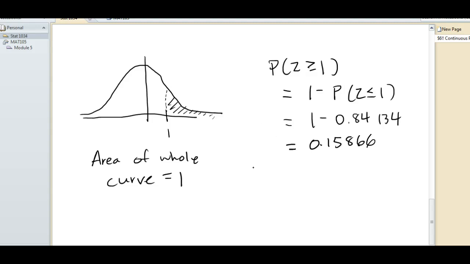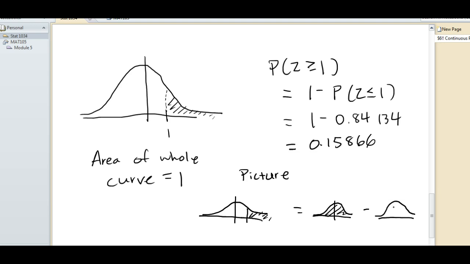So that would be our answer. And if we think about this in terms of the picture, what are we doing? This picture is really equal to the area of the whole curve minus the area of the curve we figured out in the other part. So if we have this area and we take away that area, we're left with the area that we want to know.